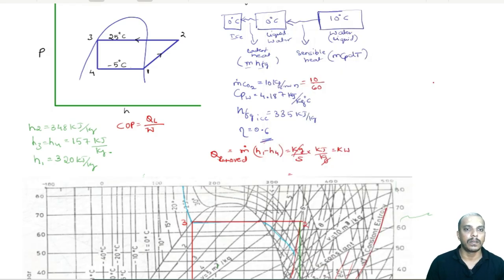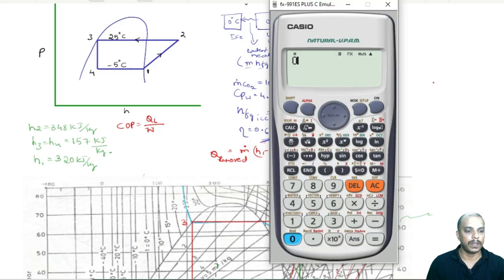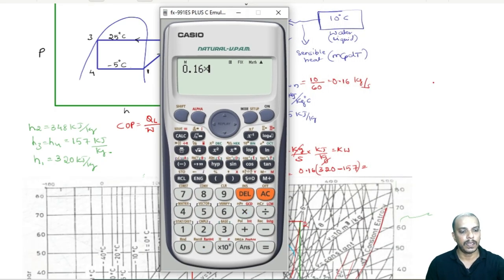All right. So 0.16 kg per second. Okay. Now 0.16 multiplied by H1 is known to us, 320 minus H4 is 157. Okay. So 0.16 into 320 minus 157.